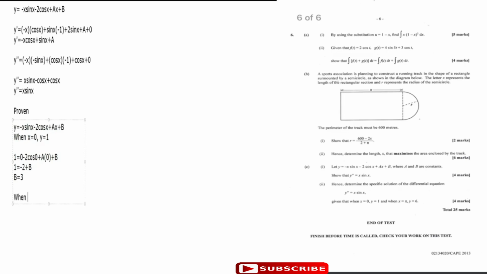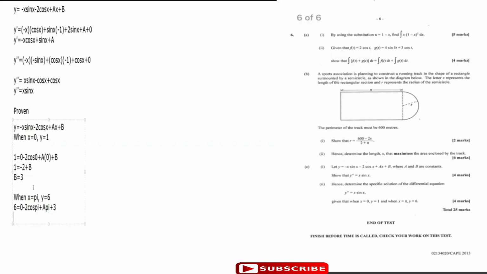When x is equal to pi, it tells us that y is equal to 6. So 6 is equal to, the sine of pi is 0, so we can just put 0, minus 2 times the cos of pi, plus a times pi, plus b, but we found that b is 3.